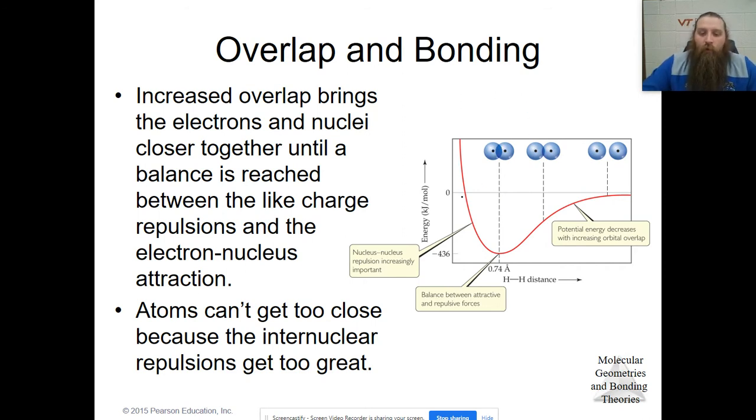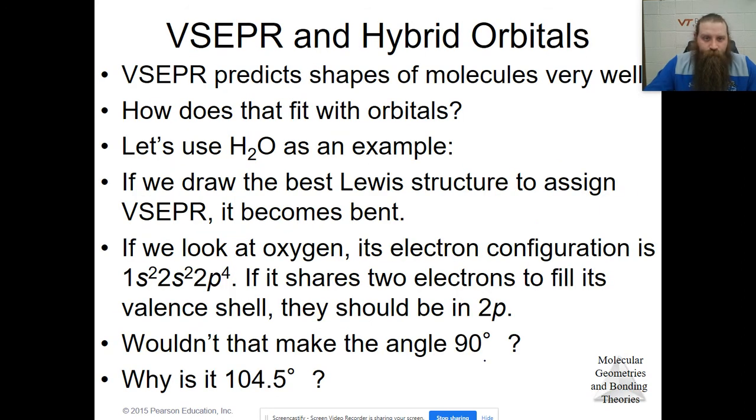And so we graph the energy, and we look for the lowest point of energy, where there is a balance between the repelling forces of the two nuclei and the attractive forces between the nuclei and the electrons. That's one of the ways we figure out the distance between, in this case, hydrogen, right? This is the hydrogen distance in H2.